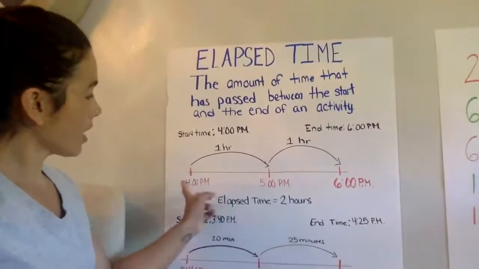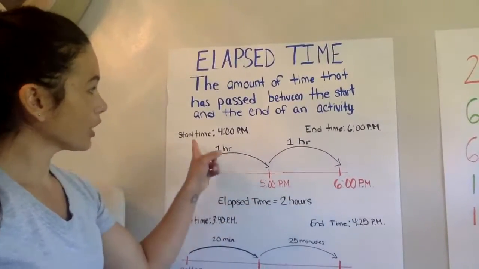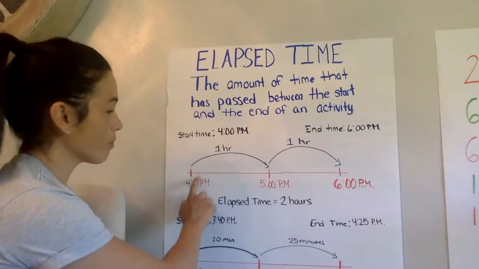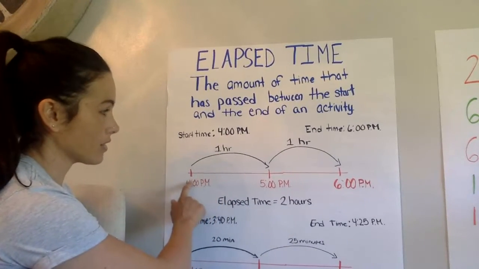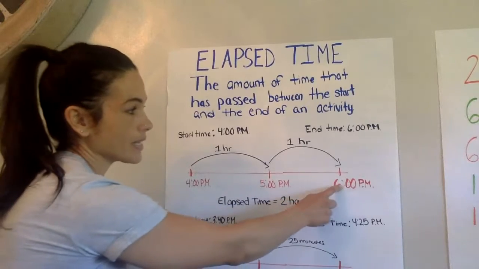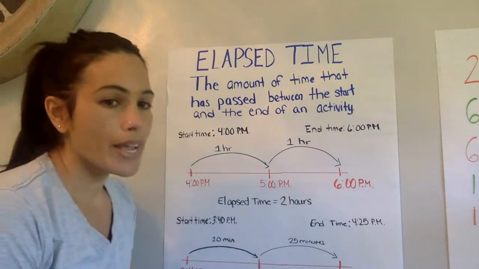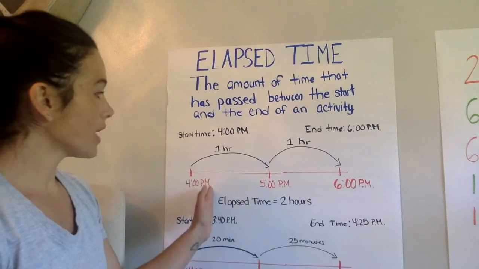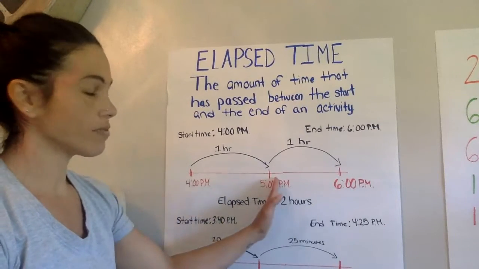So if you look, I drew my number line. So you're going to want to start your number line at the start time. So our start time is 4 o'clock. Okay, so we put that as our start. Our end time would be 6 o'clock. So a way to help you solve is do by the hour. So we know that between 4 and 6 is 5 o'clock.